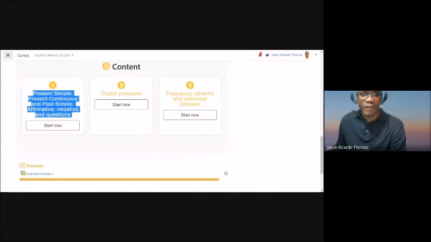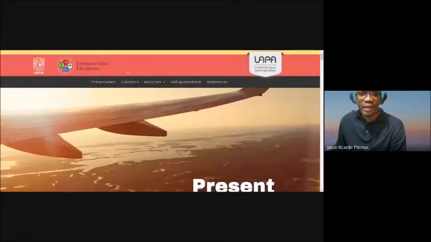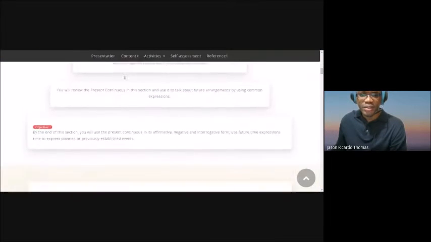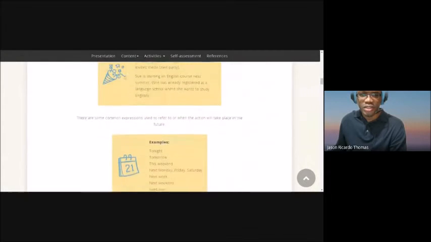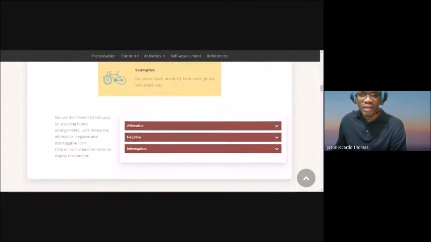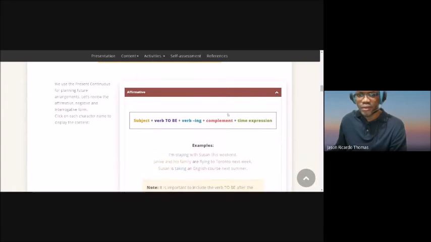If you didn't notice, in your unit, you would have seen the structure. So the structure for affirmative is the verb to be plus ing.